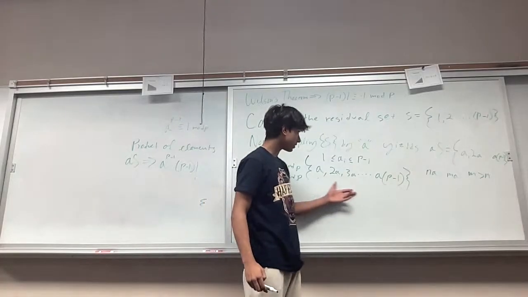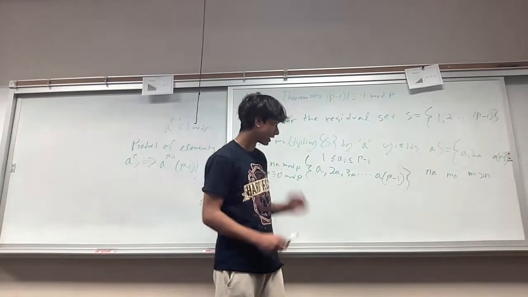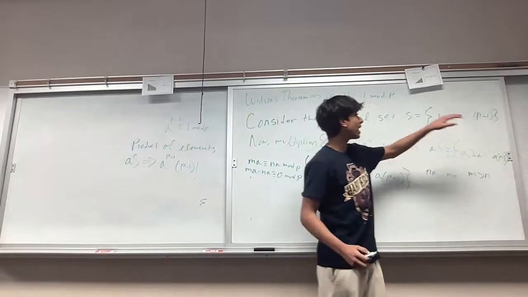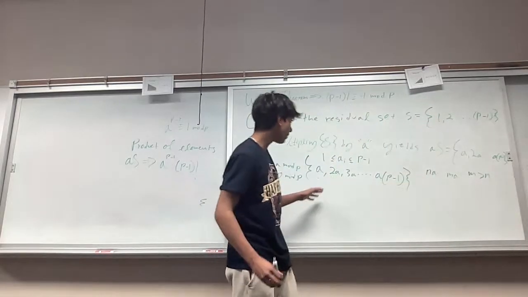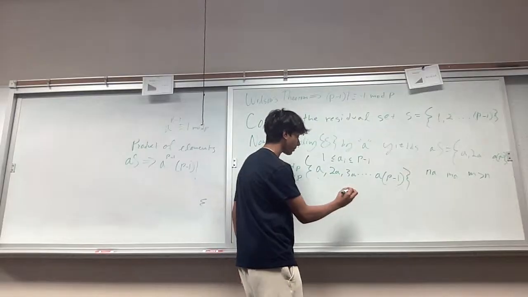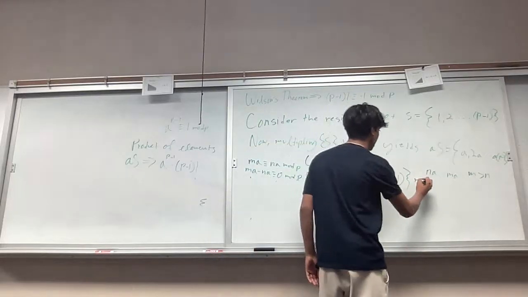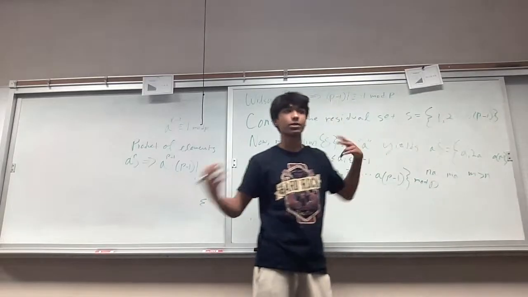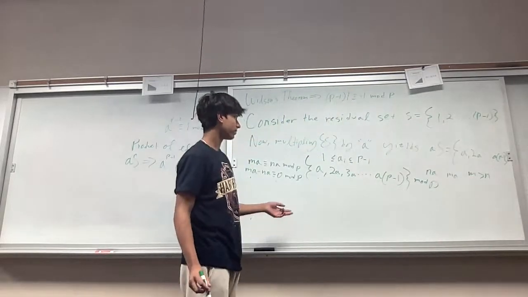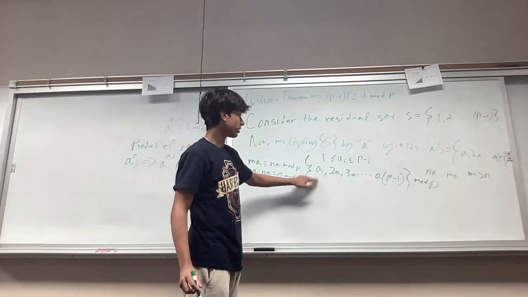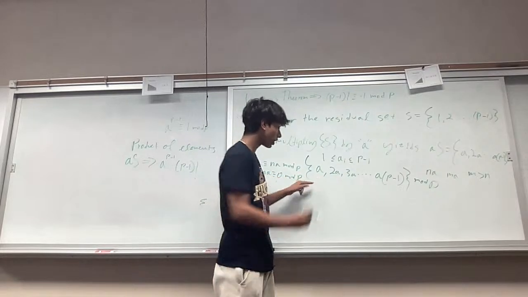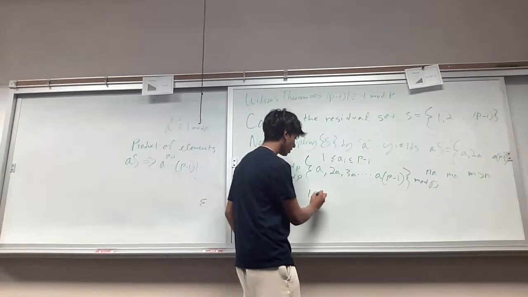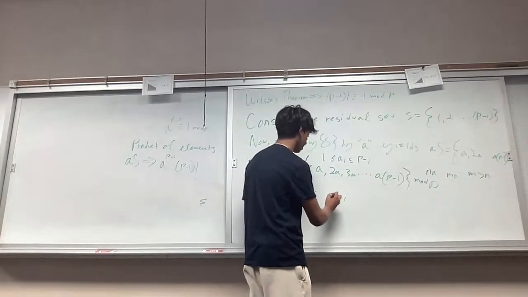So all of these are going to have distinct residuals, just like the set of residuals. That means when you divide all these by p, if you take the mod p of this set, it's going to yield this set. It's just a different permutation of that. They're all going to be distinct, and all the residuals are going to be between 1 and p minus 1.